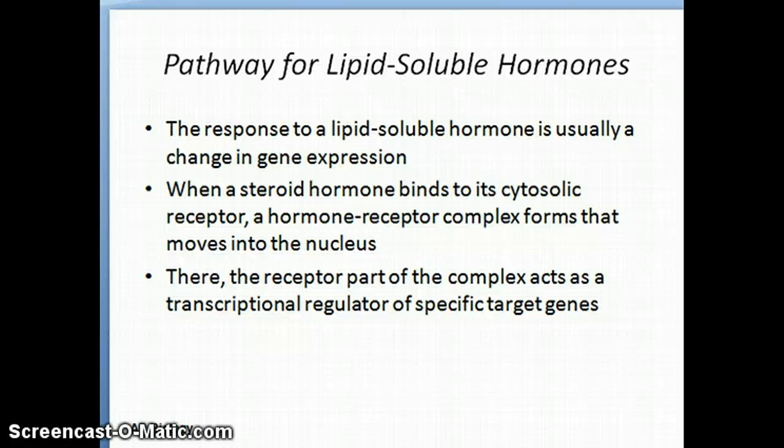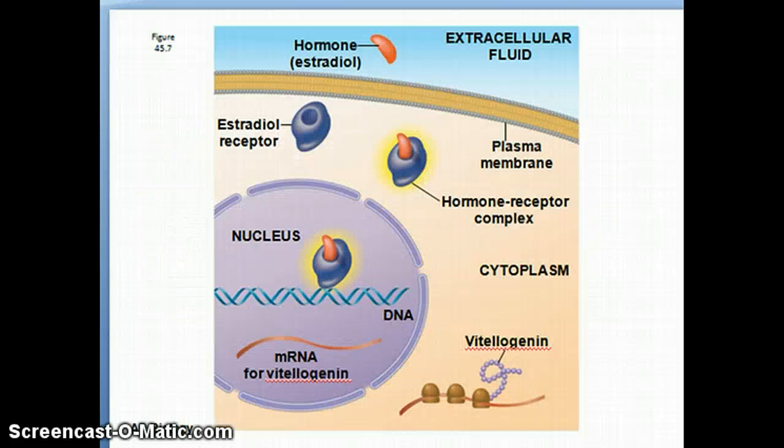So we're going to move on here to the next slide. This is a graphic showing that, for example, estradiol, which is related to estrogen, is a hormone that can pass as a steroid through the plasma membrane. And then within the cytoplasm, there's a hormone receptor complex right here.